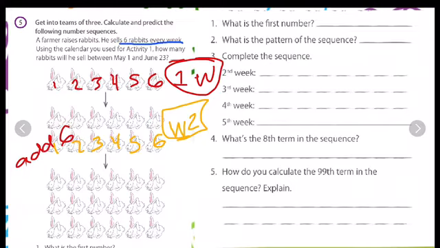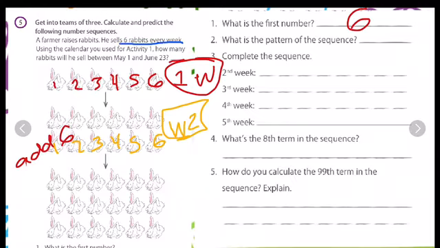So let's go now to the questions over here. According to this information, it says, what is the first number? So over here, with how many rabbits does this farmer start? Obviously with 6.